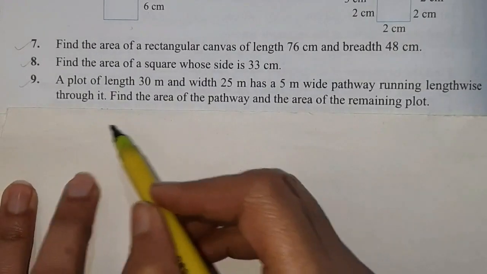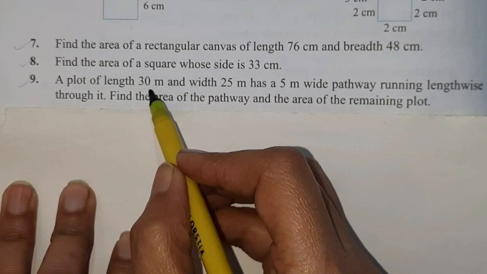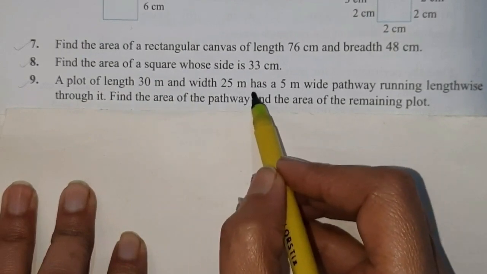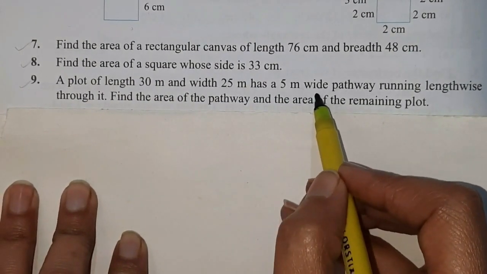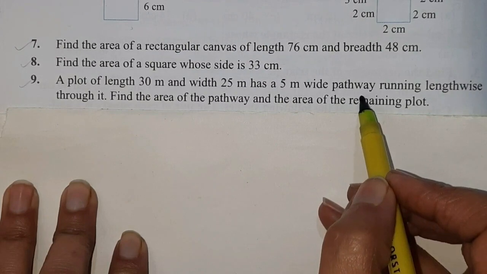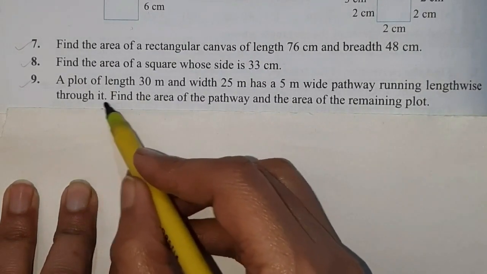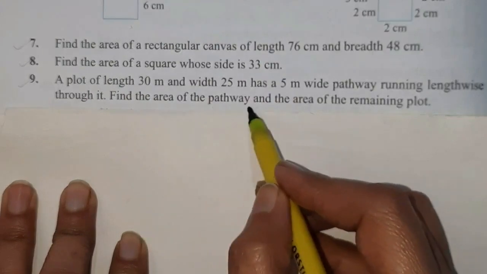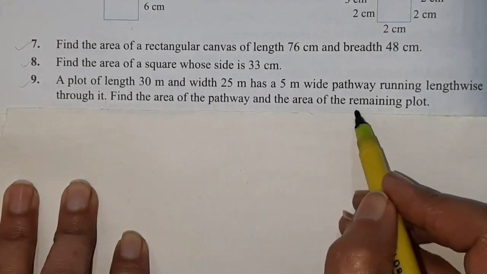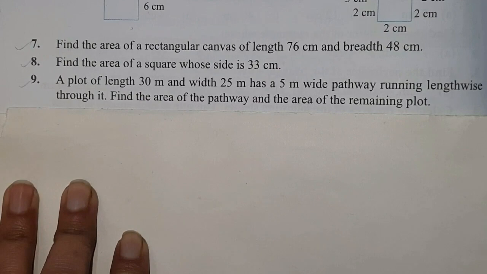Next is question number 9. A plot of length 30 meter and width 25 meter has a 5 meter wide pathway running lengthwise through it. Find the area of the pathway and the area of the remaining plot. Means what is given to us?